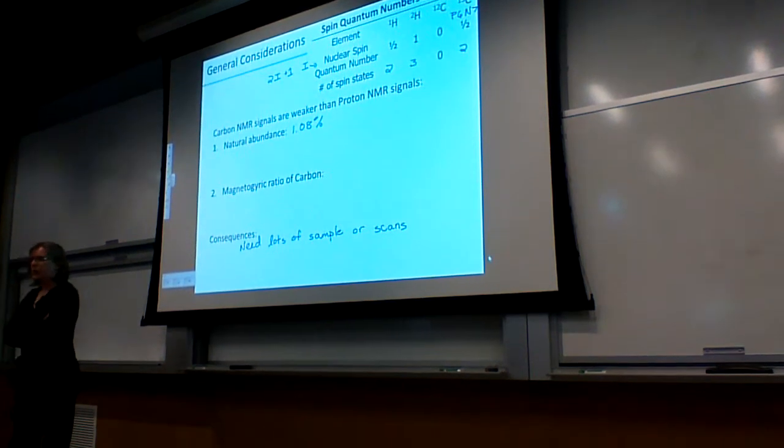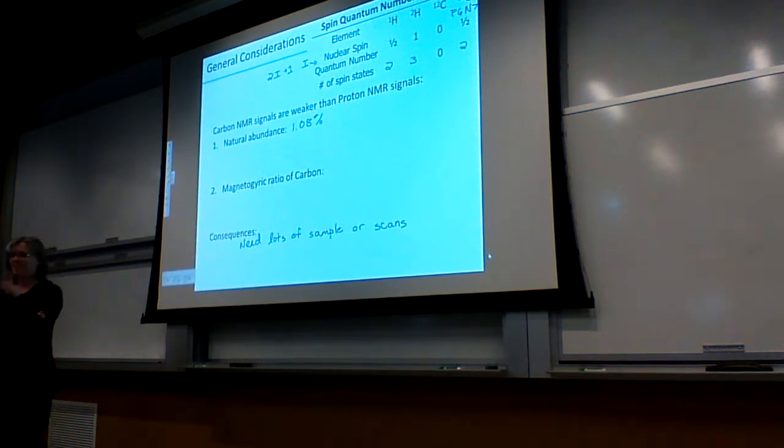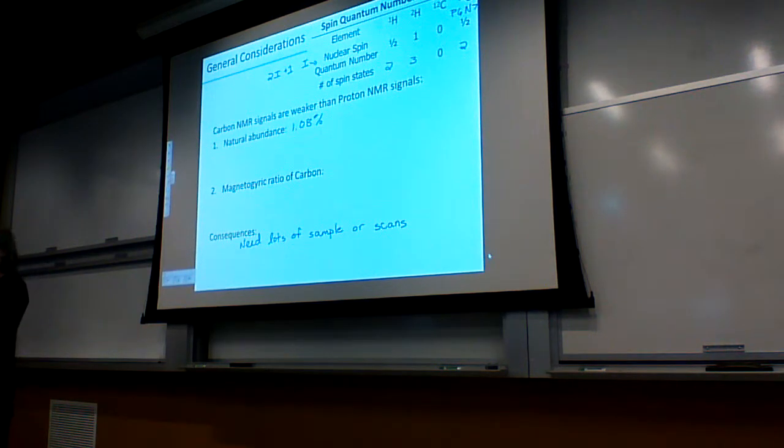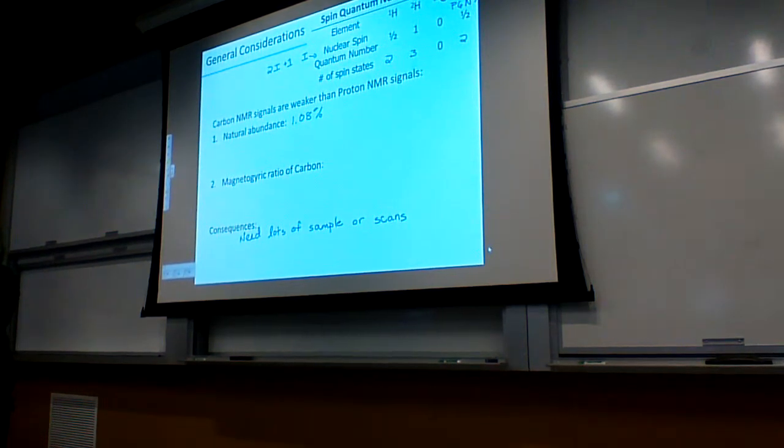The other consequence is that it is very unlikely that you're going to have two carbons right next to each other that are both carbon-13. And so you're not going to see splitting between carbon-13 and carbon-13. The probability of having that would be extremely low. So carbon-13 bonded to a carbon-13 is very unlikely.